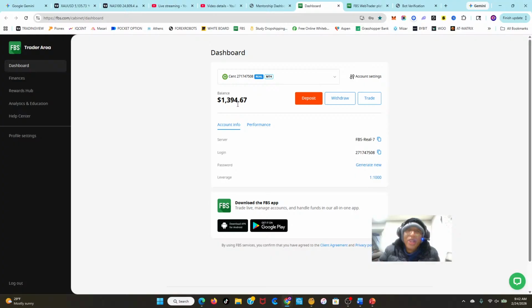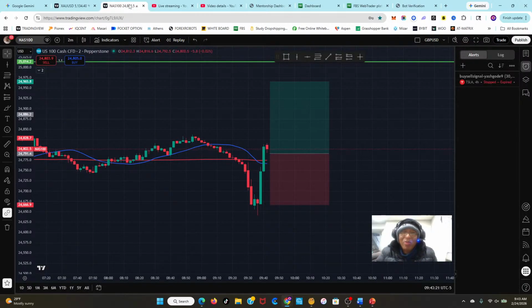Just a little bit. 36 minus 94, so that's about $42. Yeah, we lost about $42 in this trade. So we have to make more than $42.